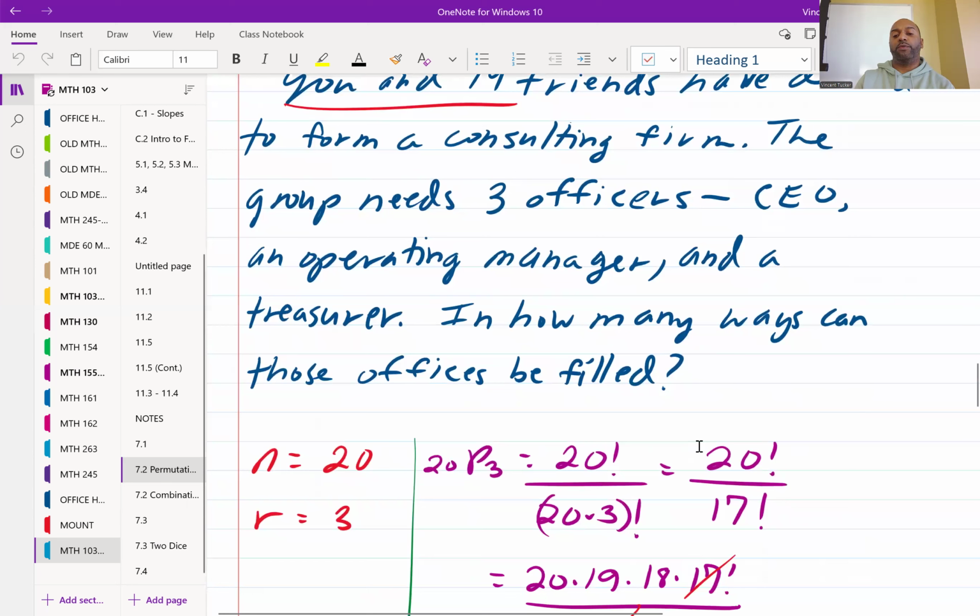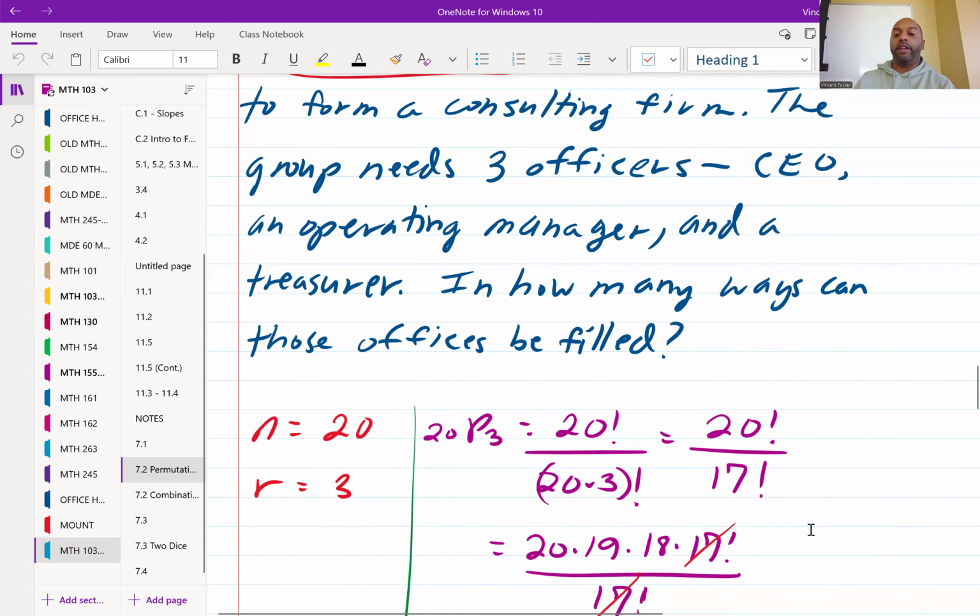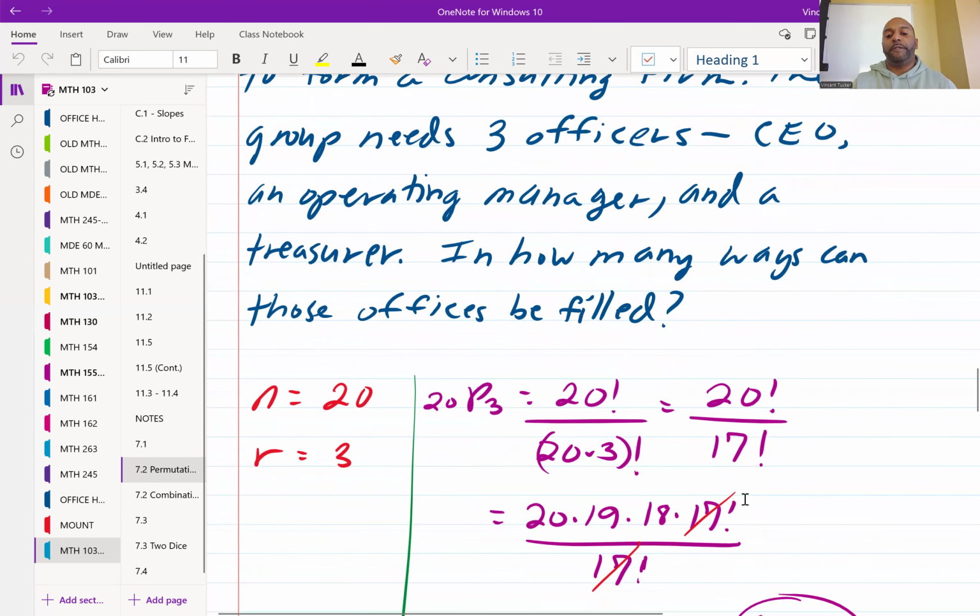And I'm going to walk us through the formula and how to calculate it by hand, just to make sure we have an understanding of how it's calculated. But if you have a calculator that can do it for you, then that's fine as well. Just make sure you have something reliable as you go throughout your homework and tests, and ultimately your final exam, so that you can calculate permutations and combinations.